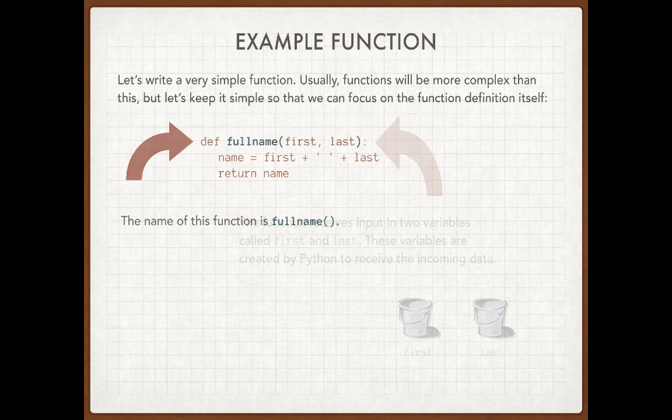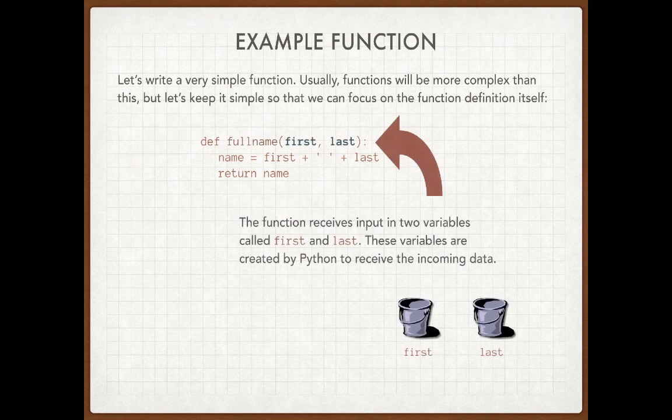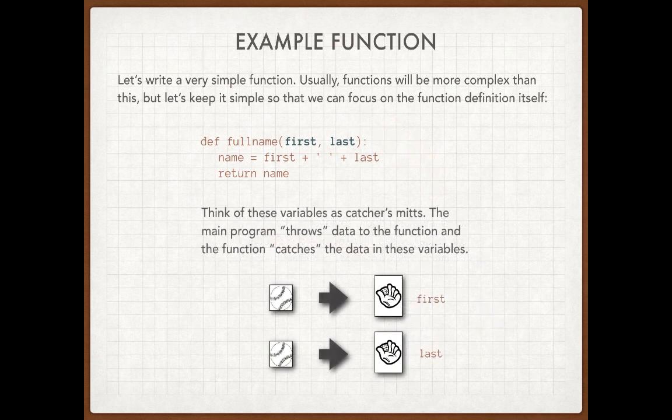Here, it's full name. The function is going to receive input in two variables, and these are just bucket variables, really simple. One's called first, one's called last. So when Python sees that, Python will actually create those two buckets or create those two variables. They will receive incoming data, and I think of these sometimes as catcher's mitts.